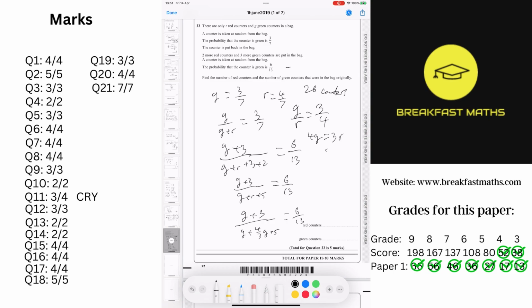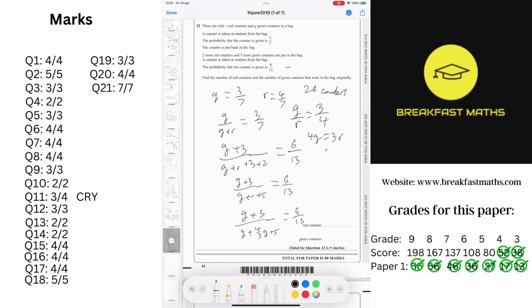Let's think. Can we create a simultaneous equation here? 7G, 3G plus 3R, that might work. Okay, let's just continue with this then.